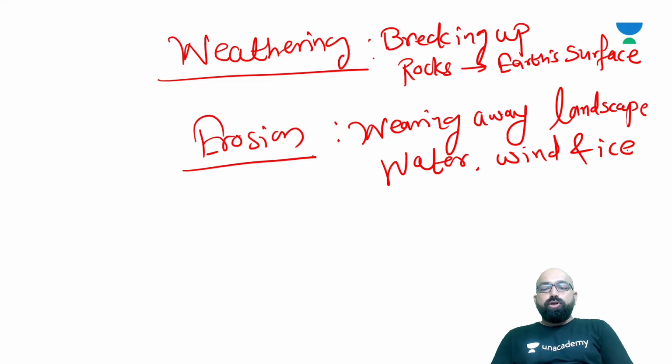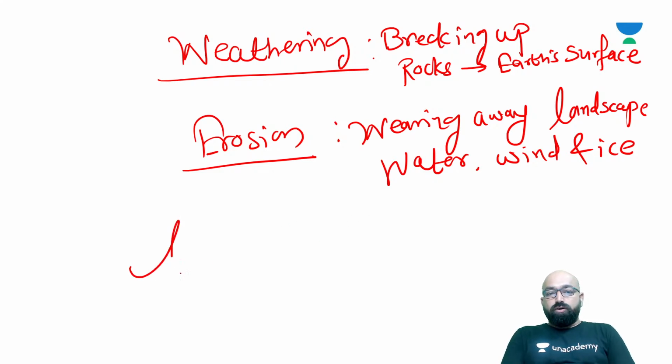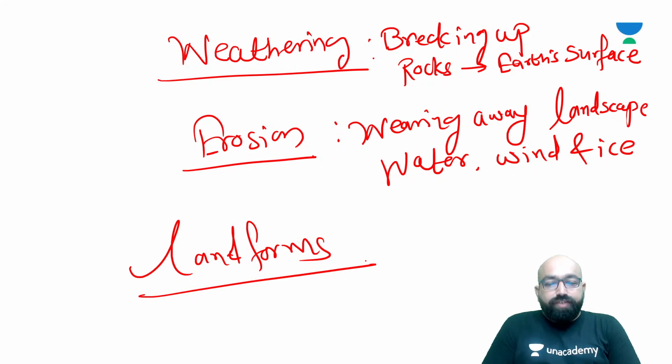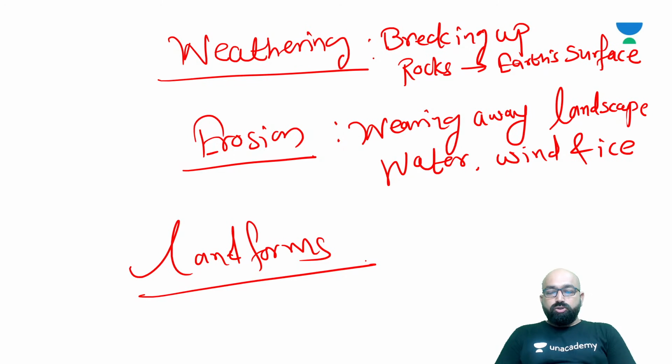So the eroded material is carried away and transported by water, wind, and eventually deposited. So the process of erosion and deposition creates different landforms on the surface of the earth. Here we will discuss the work of a river, wind, and ice.